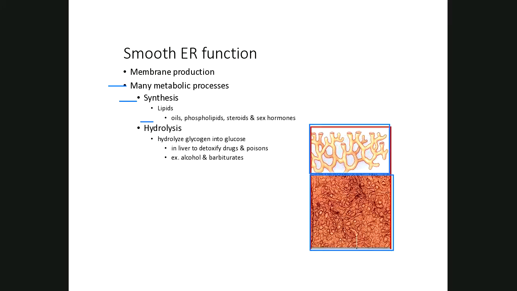It's involved in creating steroids and sex steroids, so testosterone and estrogen that you might be aware of. And it's also involved in a process called hydrolysis. And so the hydrolysis of glycogen into glucose. And so remember, hydrolysis means to add water to something. And when you add water to something, you actually break it down.